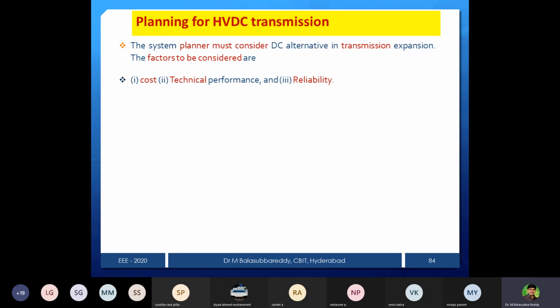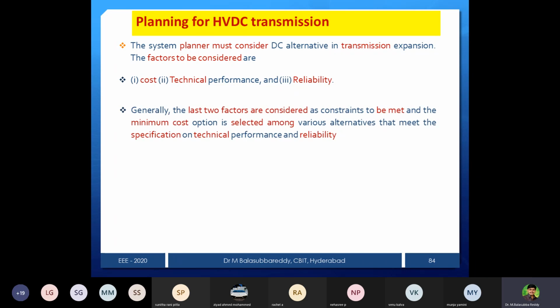To satisfy this, you can allocate what is the cost. So the major things are second and third, technical performance as well as the reliability we need to consider. Generally, the last two factors are considered as constraints to meet.